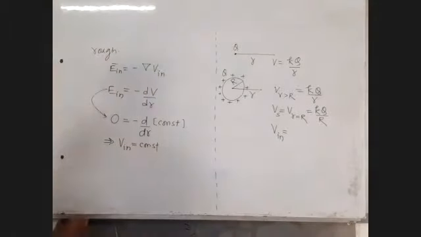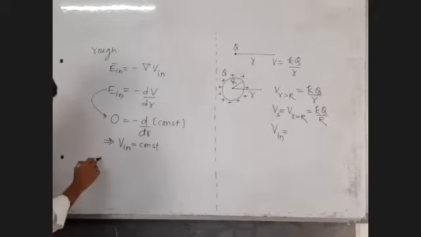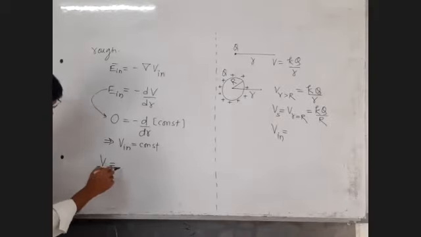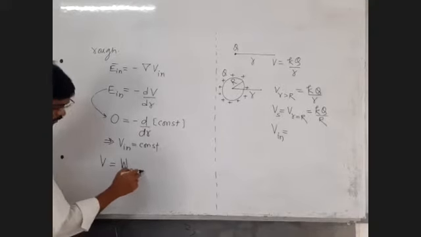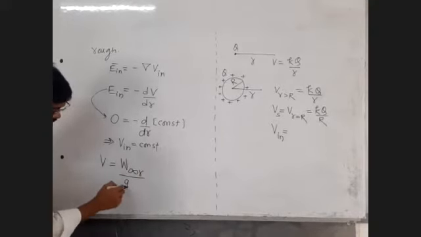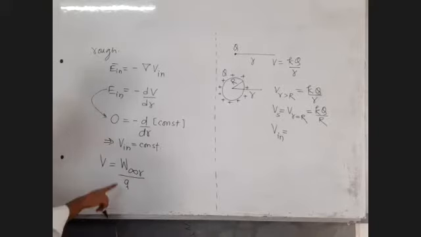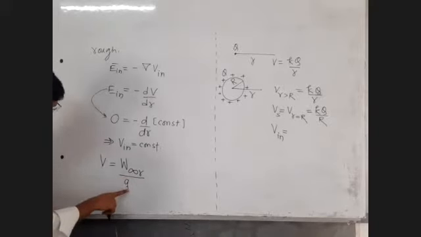Sir, potential at a given point is work done to move unit positive charge from infinity to the given point. Unit positive charge means divided by charge.